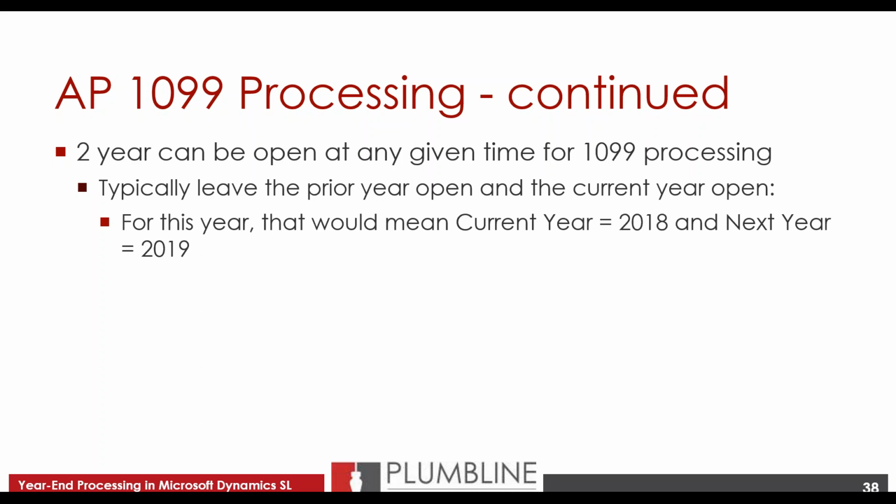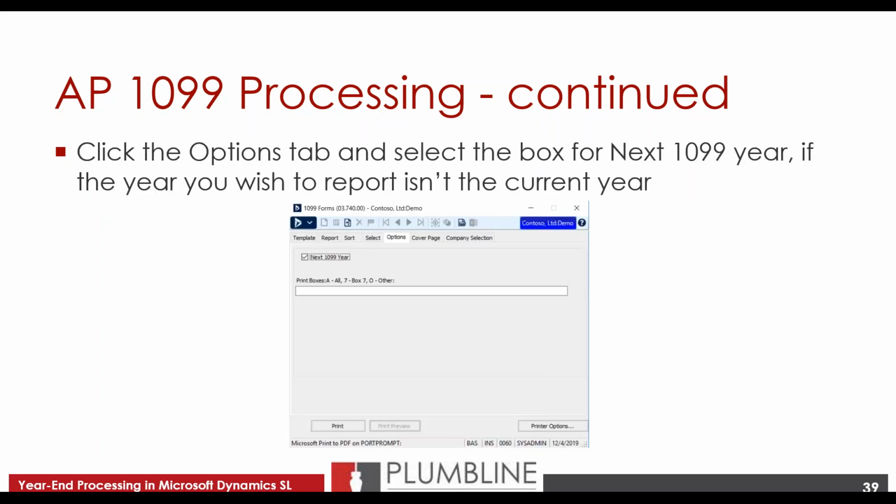When you print the 1099 forms, 2019, or the oldest year, is the one that the system defaults to printing. There's a selection, I'll show you that upcoming here, that you need to check if it's going to be for the next year, the most recent of the two open years. So this is the 1099 forms report, and on the options tab here is an option for next 1099 year.